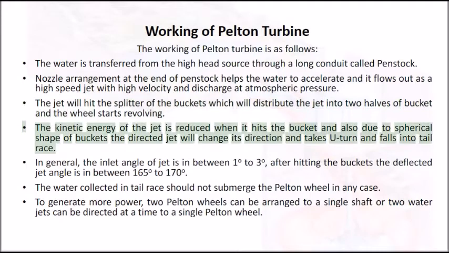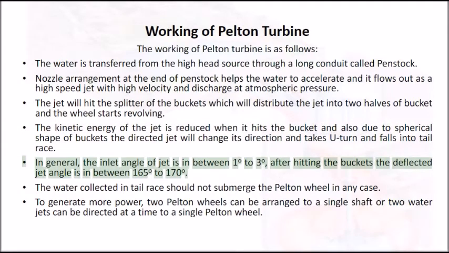The kinetic energy of the jet is reduced when it hits the bucket, and also due to the spherical shape of the buckets the directed jet will change its direction, take a U-turn and fall into the tail race. In general, the inlet angle of the jet is between 10 to 30 degrees.